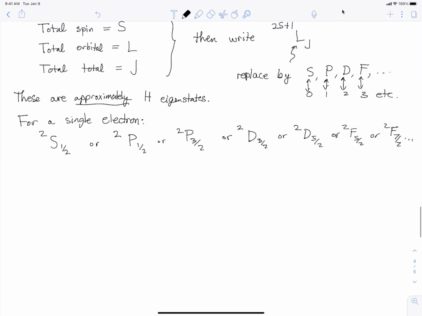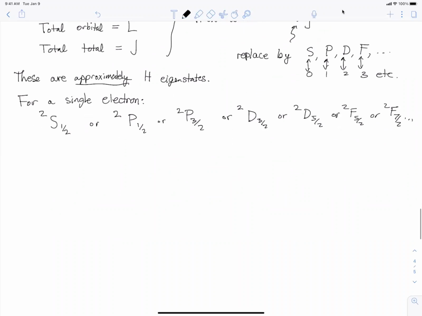Let's talk about what happens if you have 2 identical spin 1/2 particles. So there's a new feature that I haven't told you yet, but you've probably heard of it. And that is the concept of Fermi statistics, which says if the particles are really identical, and all electrons are the same, so they're identical, then the state has to be anti-symmetric.